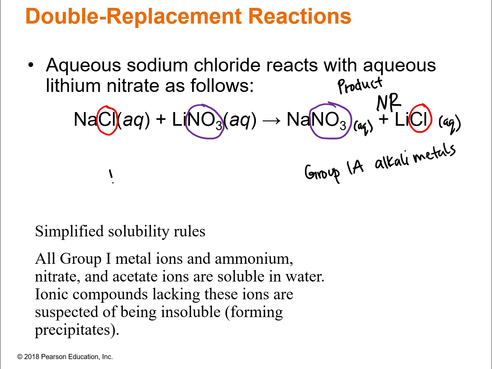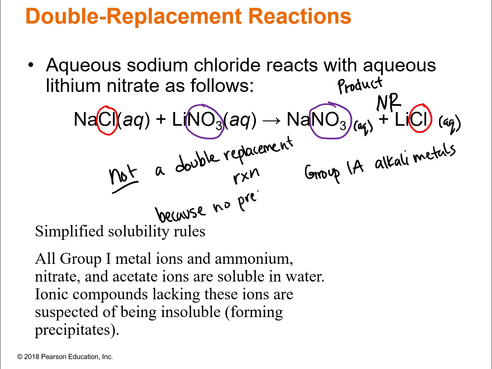So this is not a double replacement reaction, because we're not forming a precipitate. So you don't want to call it a double replacement just because you can swap the ions. You have to swap the ions and a precipitate is formed.